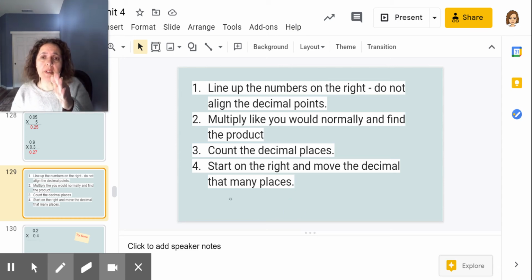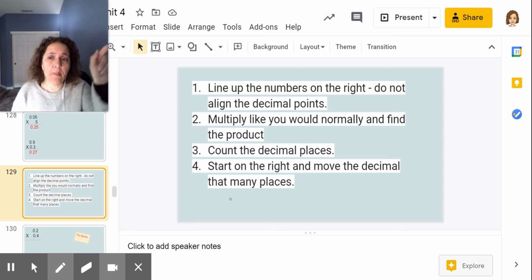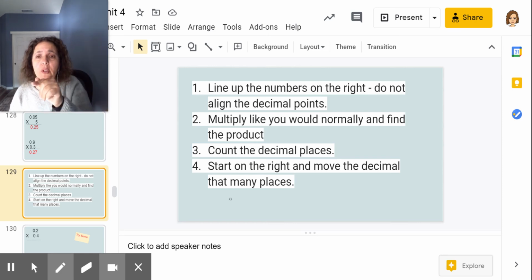Because remember that the numbers are shifting. We looked before, I believe in the previous lesson, I showed you how the numbers are shifting. So the shortcut is we're moving the decimal, but the decimal is not what's moving. The numbers are moving. We're just using the shortcut of moving the decimal over to shift the numbers.